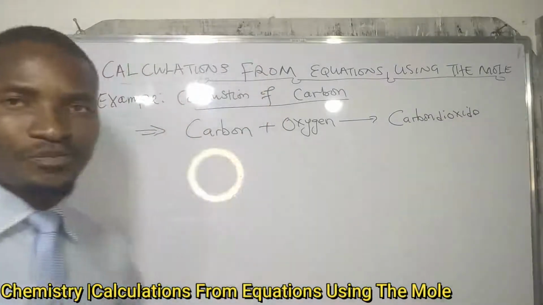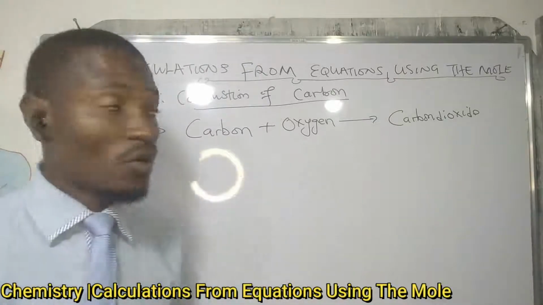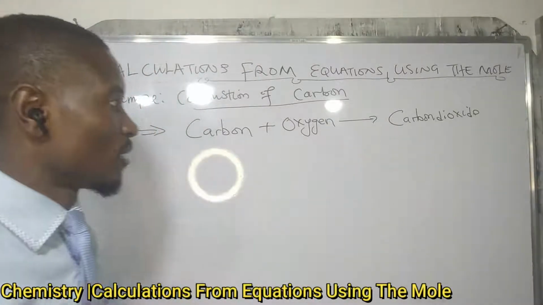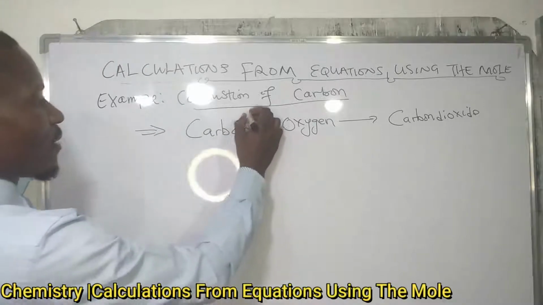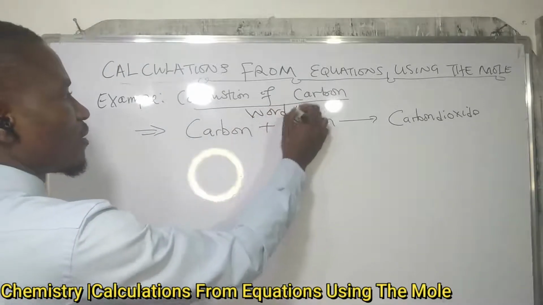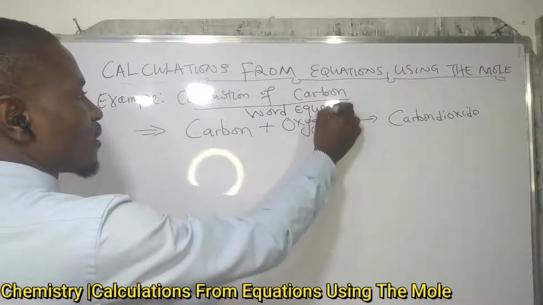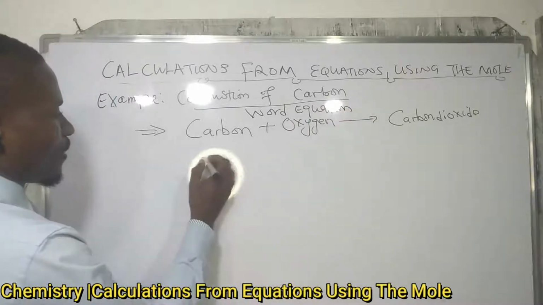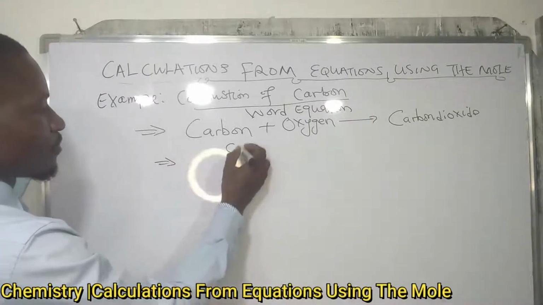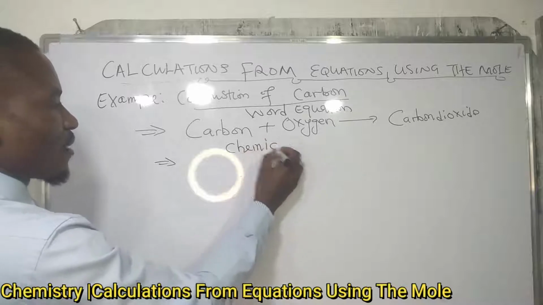So carbon plus oxygen equals carbon dioxide. This is the word equation.